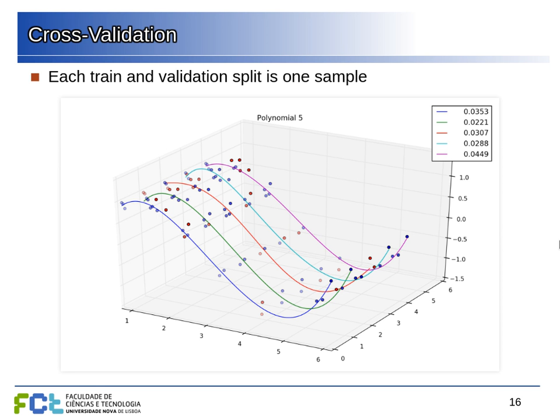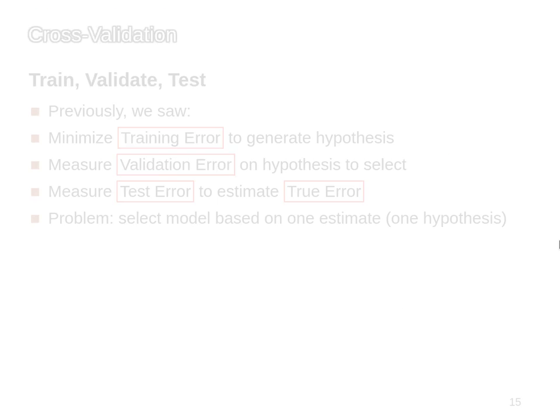So one better way of doing this would be if we could do this several times and then average the results. So we would have a better estimate of the true error of that model when, in general, it is trained on this kind of data. So this is the basic difference here.